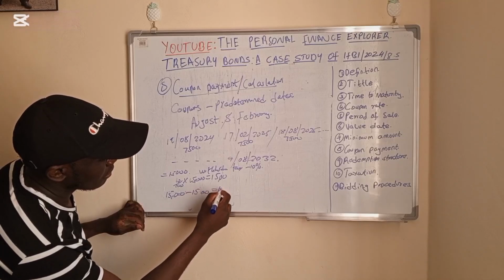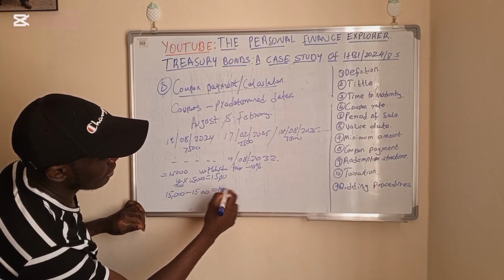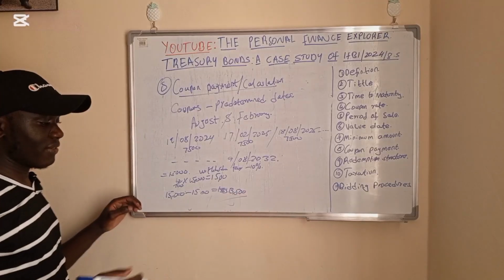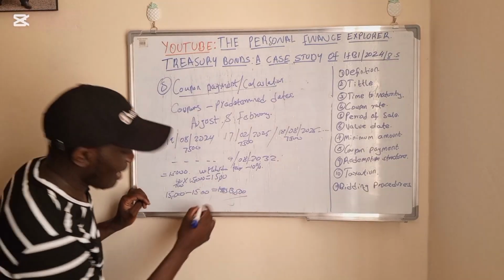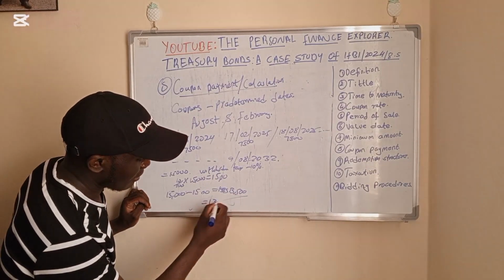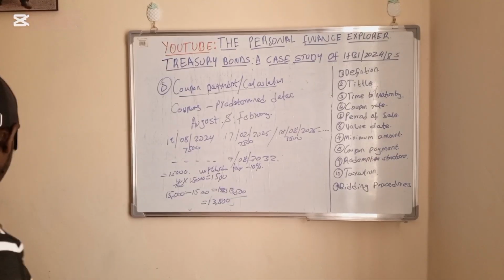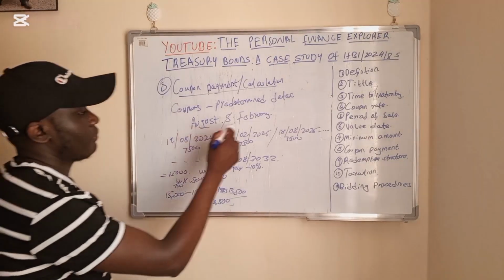That will come to 13,500. So the interest that you are entitled to for that year is 13,500. But we said interest is paid in 2 installments.